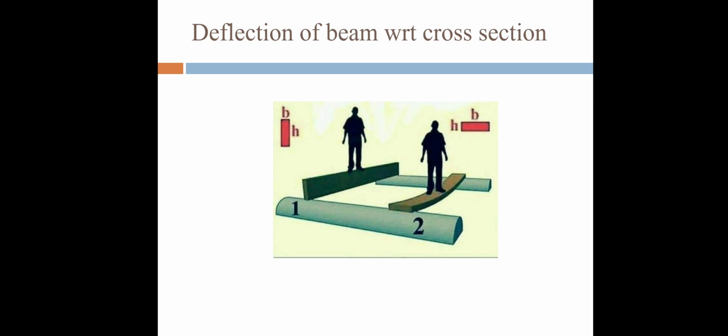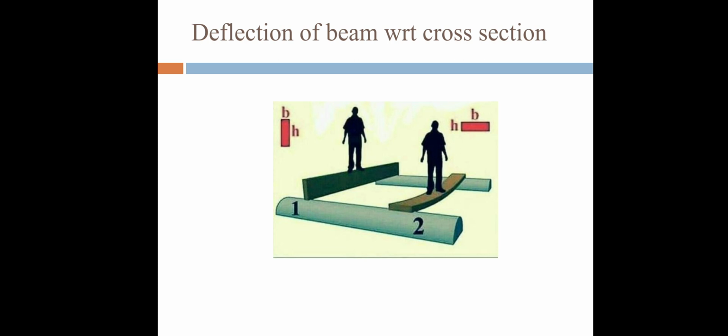The first pictorial representation shows the person standing on the width face, and the second shows the person standing along the depth face. The person standing on the width face has more sag, or more deflection, compared to the second case.